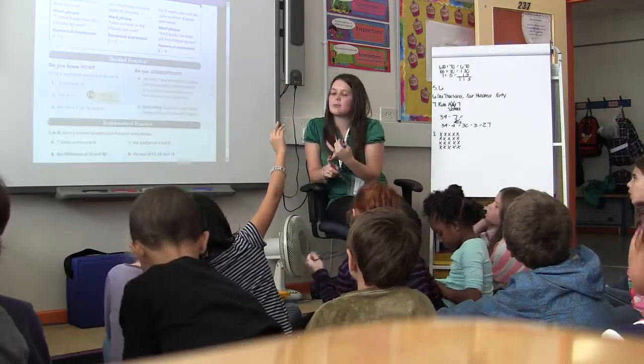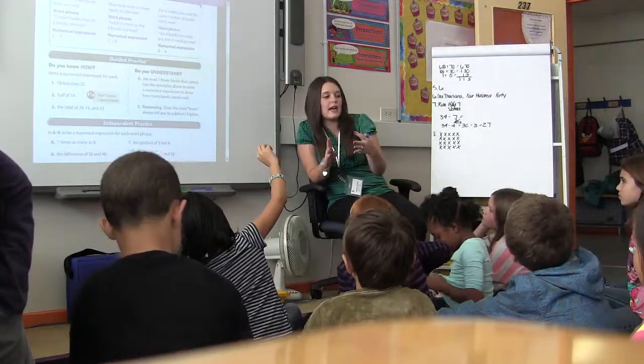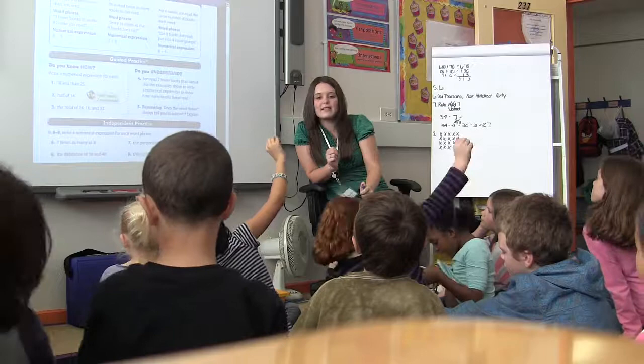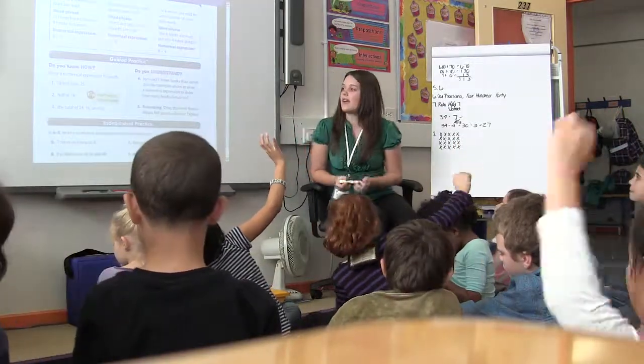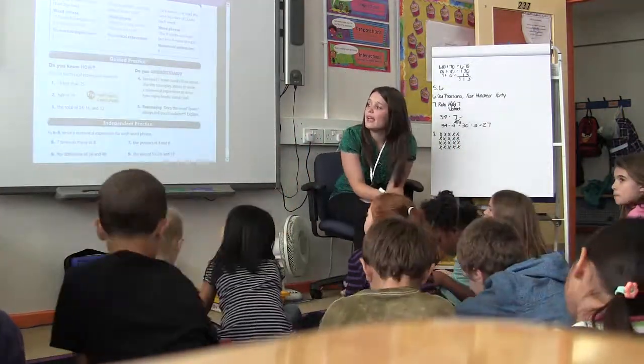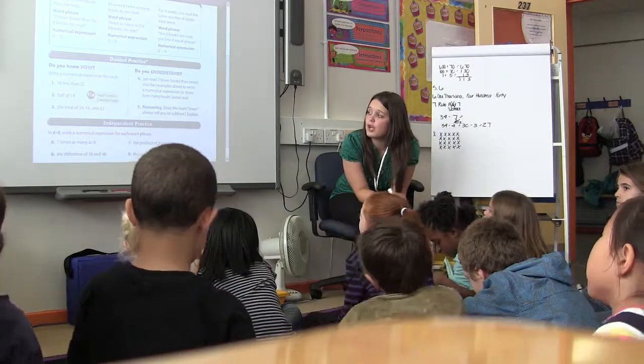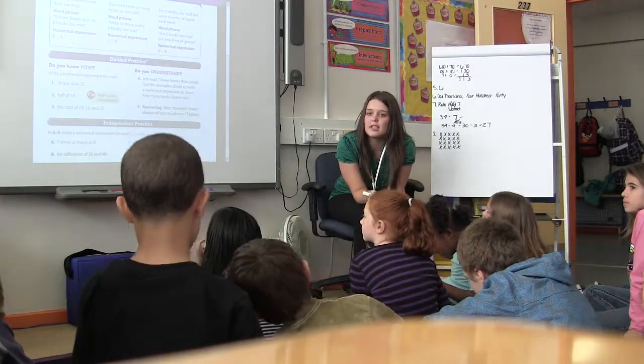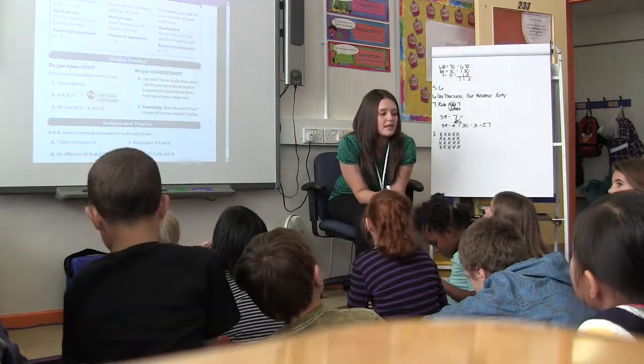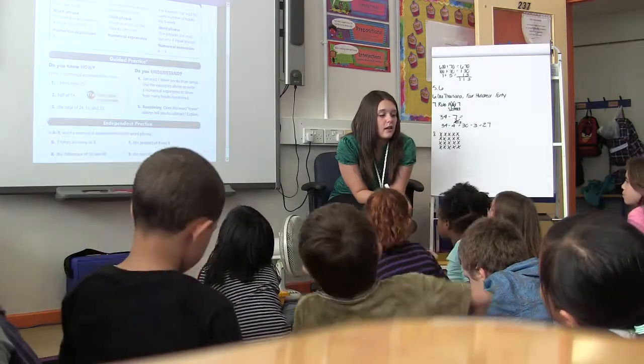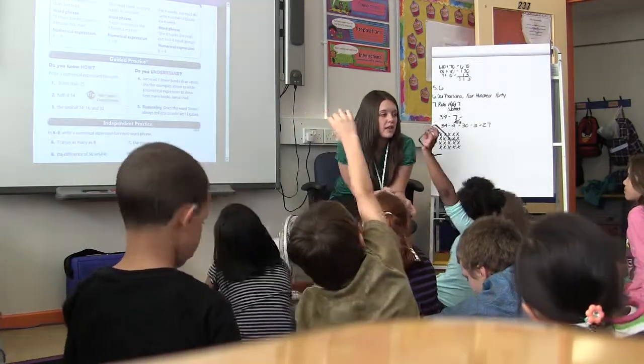Is it a numerical expression? Is it a word phrase? Is it a number sentence? Word phrase. Good. So they want us to take these word phrases and change them into numerical expressions. What's a numerical expression?